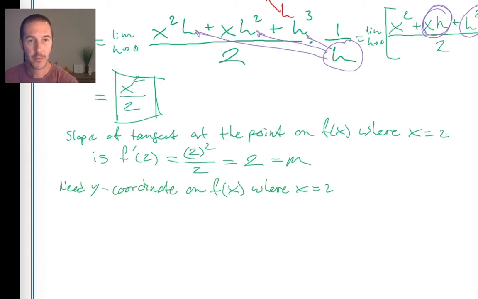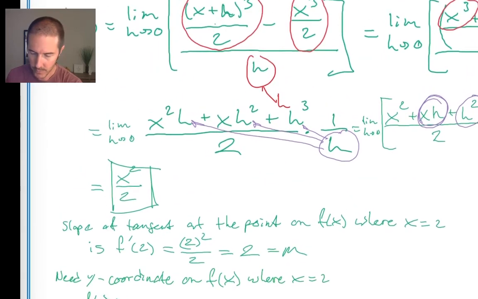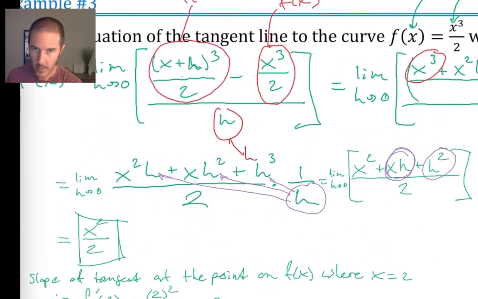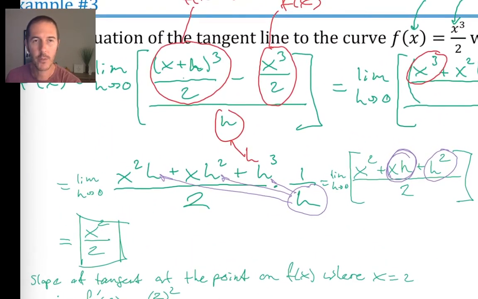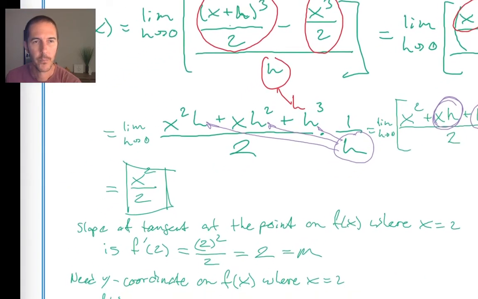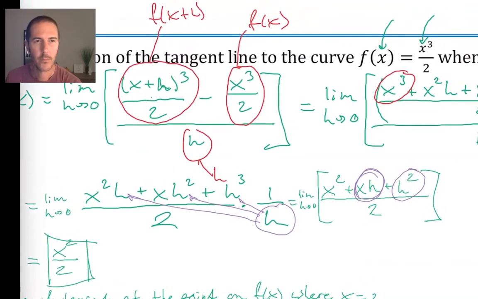And how am I supposed to find that y-coordinate? I'm going to take my x value and plug it into my original function. So let's do that. F of 2 is, where's our original function? In the top right corner of the screen there's your original function, x to the third over 2. Something's wrong. I made a mistake.